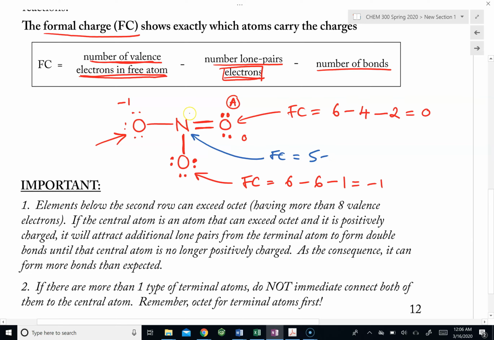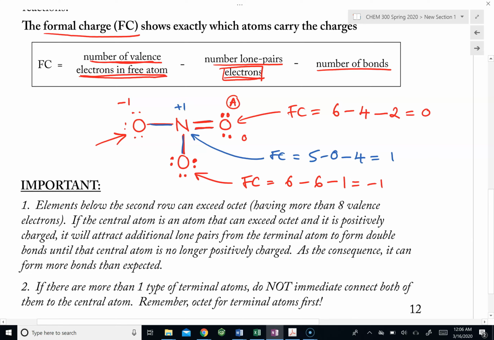On this Lewis structure, the nitrogen does not have any lone pair electrons, so that is 0, minus the number of bonds. In this case, the nitrogen has 1, 2, 3, 4. It has 4 bonds. So therefore, minus 4 equals positive 1. So now we know this is positive 1.